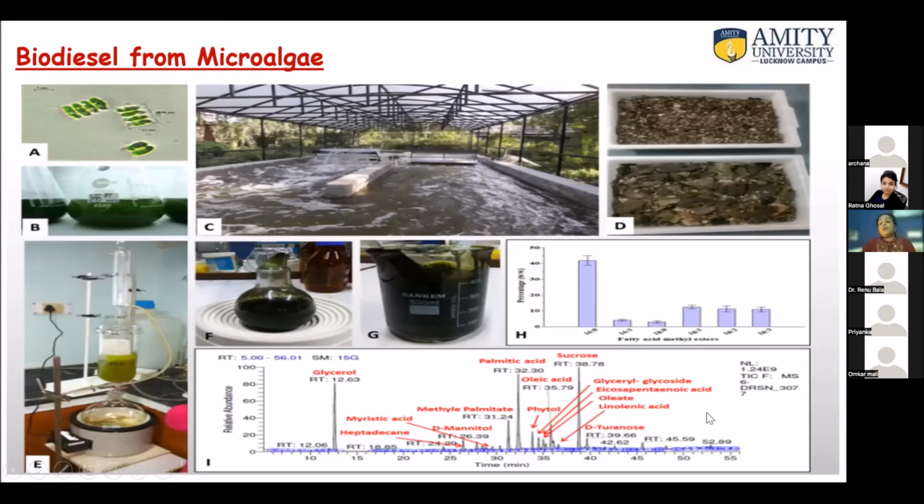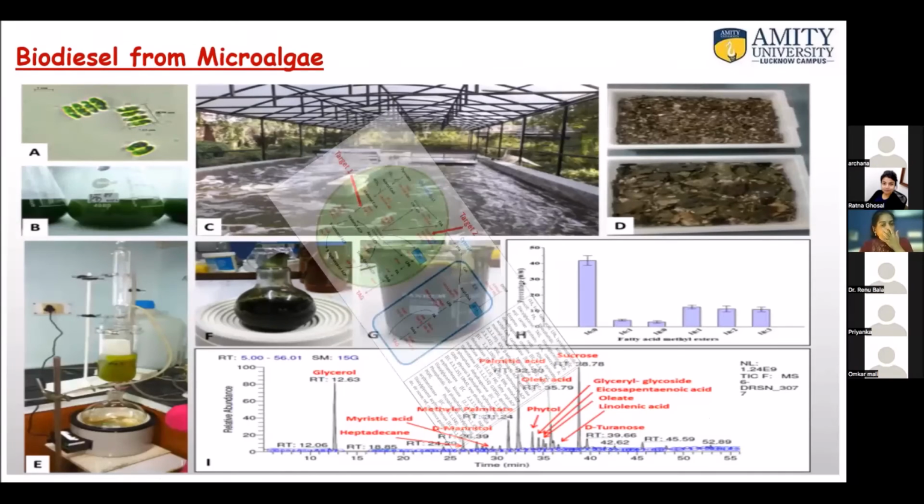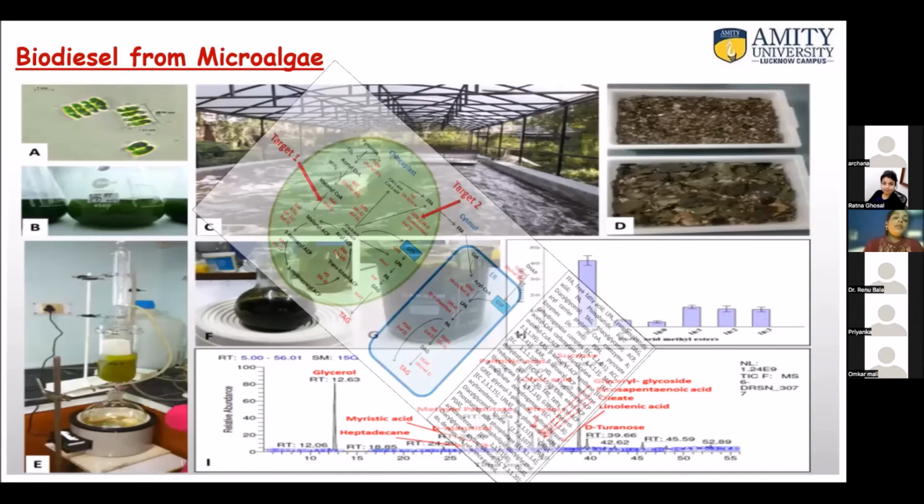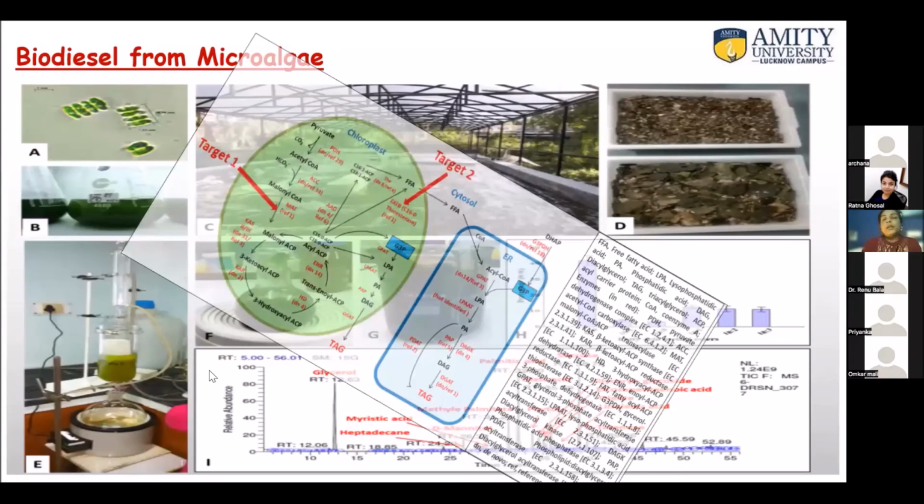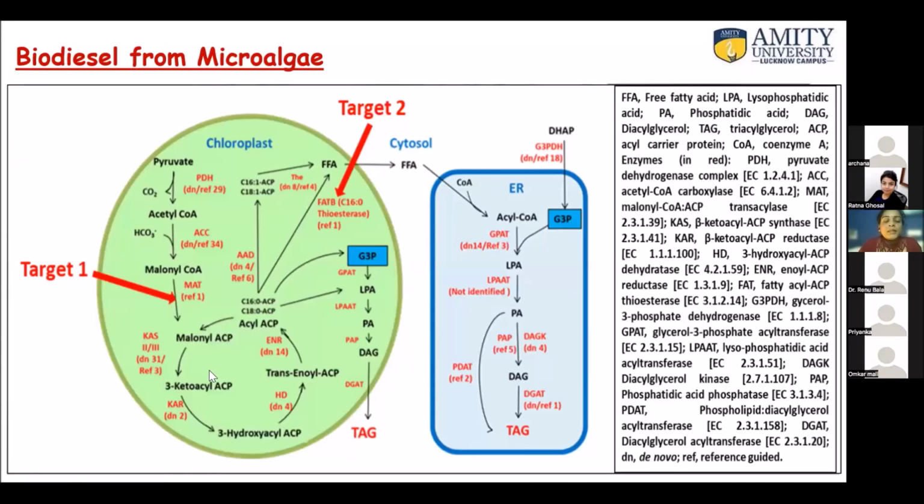So different biomolecules we are getting from that biomass. In the gene sequences, when we reconstructed the metabolic pathways, we also found there are two places where we can target for overexpression of that gene, because we are getting a very low number of gene homologues, and maybe that is the reason why we are getting less lipid yield.